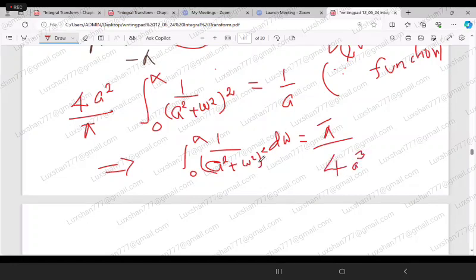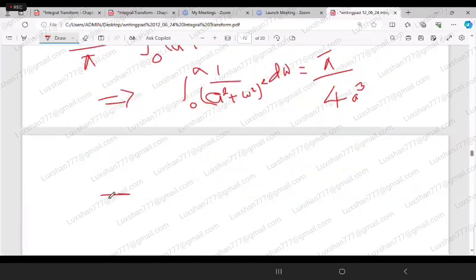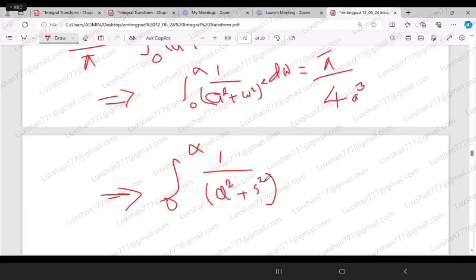Actually, in the question we have s, but anyway, you can write it that way: the integral from 0 to infinity of 1 over (a squared plus s squared) whole squared ds equals 5 over 4. Okay, so you understand this, no?